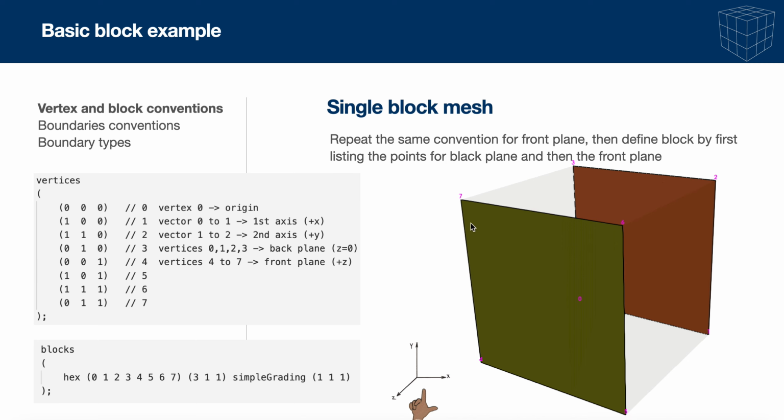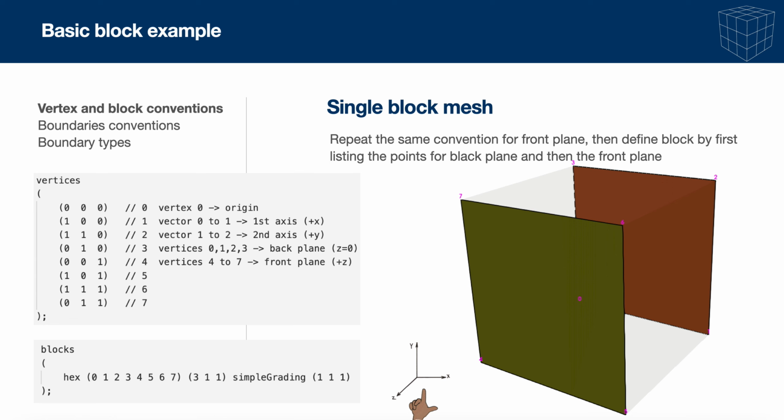And once you define those points in order, you can simply call this hex command, which lists all the points in order, followed by the number of cells you want in each specific direction. For example, in this case, there are 3 cells along the x direction, 1 in the y direction and 1 in the z direction.